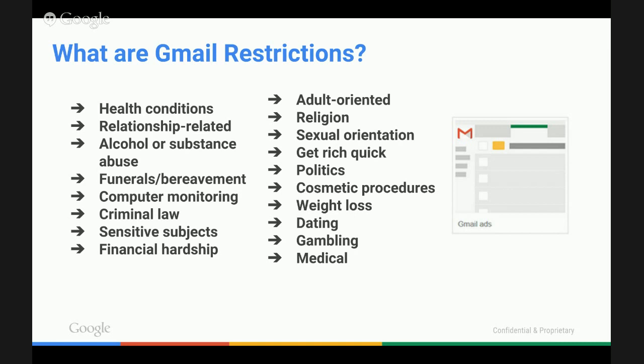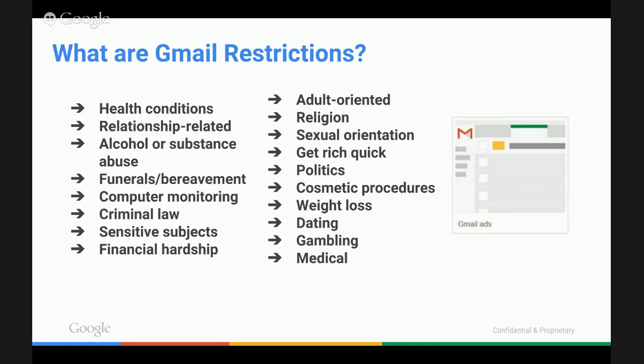So one of them could be health conditions, mentioning any medical or therapeutical value or targeting users that have health-related issues. The second one would be relationships, so improving your married life or something related to dating. This is completely not allowed to advertise on Gmail.